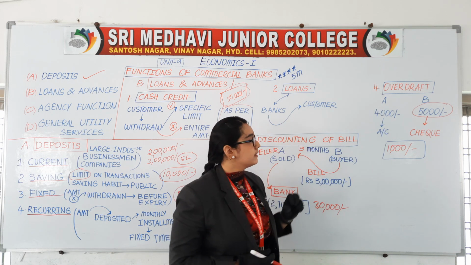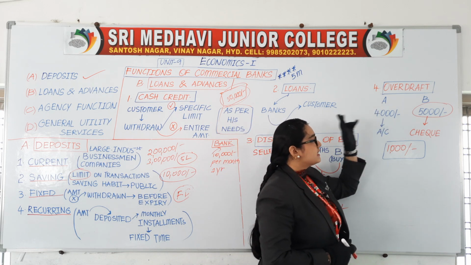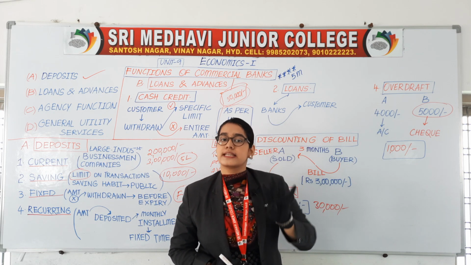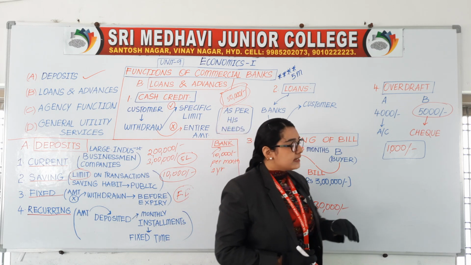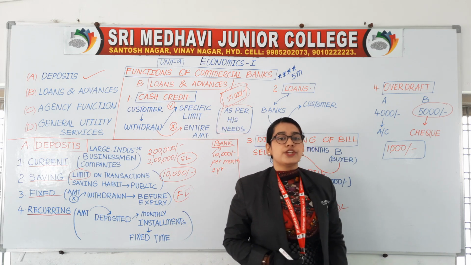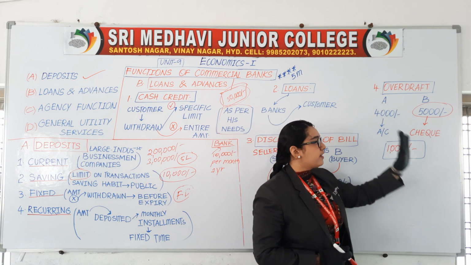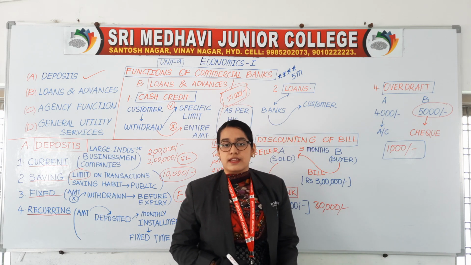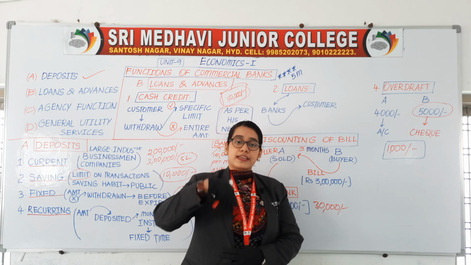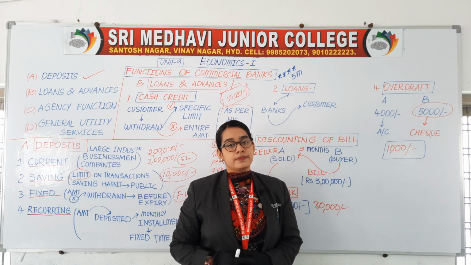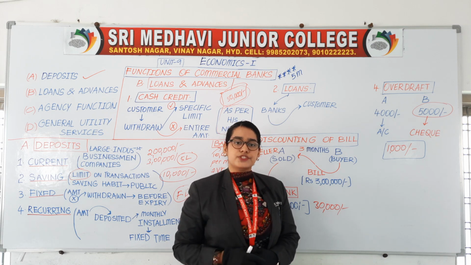Okay, very interesting. A person has 4,000 in his account. How much? 4,000. But he has given a check to B of 5,000. I am having 4,000 in my account, but I am giving you 5,000 as a check.